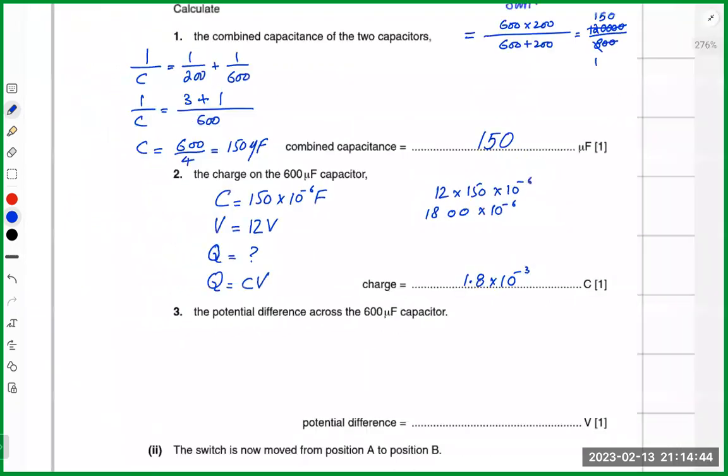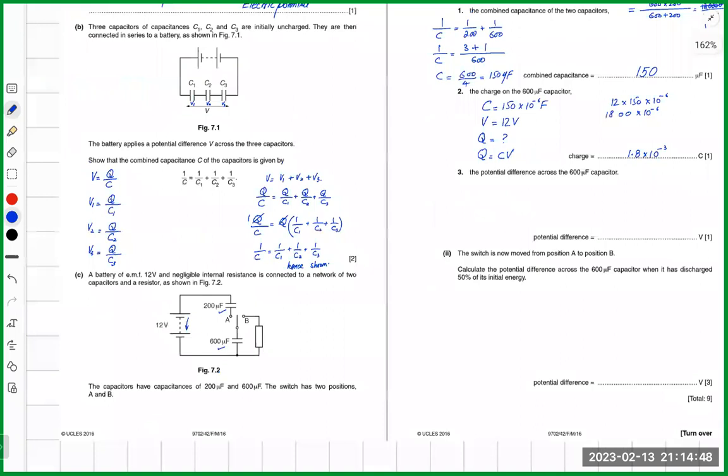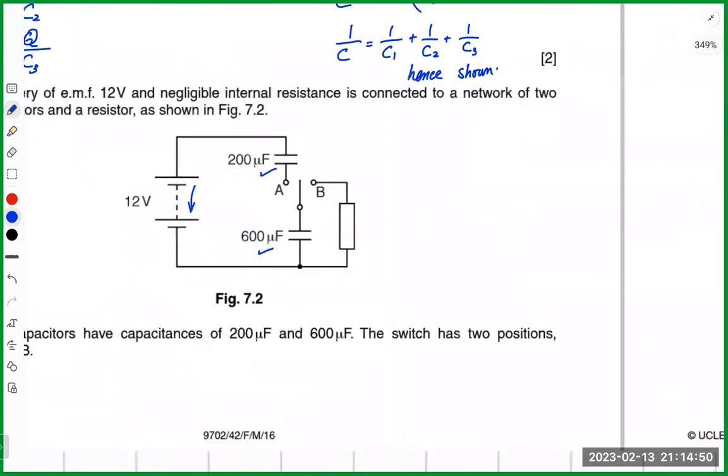So that will be the charge that is coming from the battery. That will be the charge on the 200 microfarad capacitor, and that will be the charge on the 600 microfarad capacitor as well. Because in series, all of the capacitors get the same electric charge.